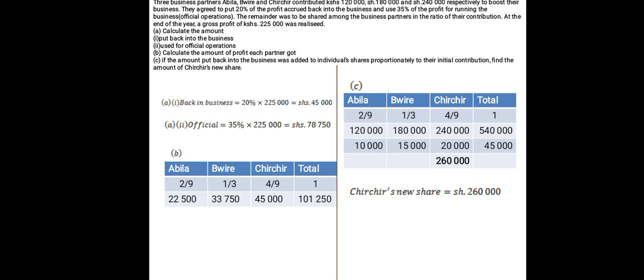And Chirchil gets 4/9. Chirchil gets 20,000, which is 4/9 multiplied by 45,000. Now we are concerned with Chirchil. Chirchil's initial share was 240,000. Now, what has been put back in the business on his behalf is 20,000. So 240,000 plus 20,000, we get 260,000. So Chirchil's new share is 260,000.